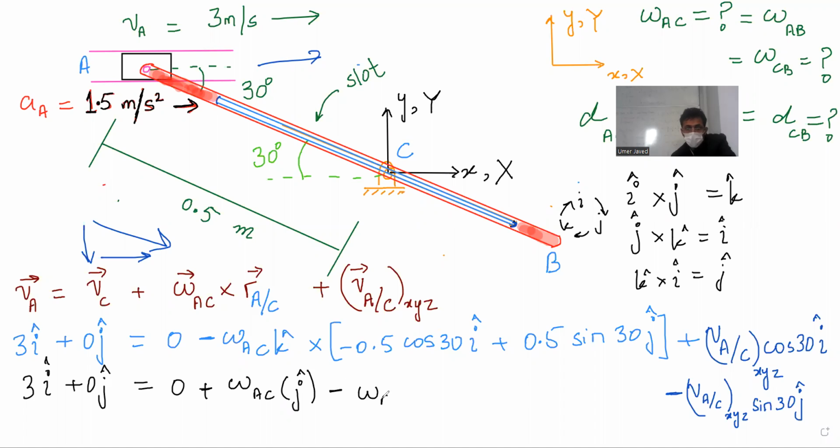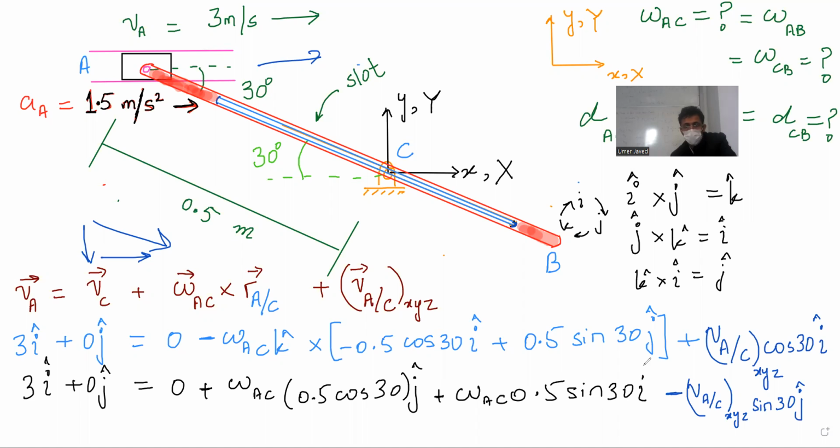Minus omega AC. Sorry, there is another bracket. This is the part where you have to help me. Then I have minus omega AC 0.5 sine 30, and k cross j is a negative I. Then I have plus VA with respect to C small xyz.